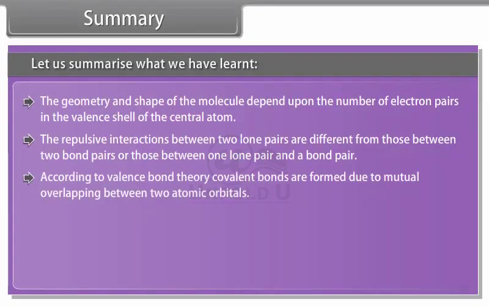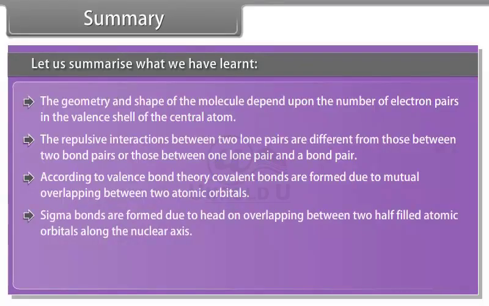According to valence bond theory, covalent bonds are formed due to mutual overlapping between two atomic orbitals. Sigma bonds are formed due to head-on overlapping between two half-filled atomic orbitals along the nuclear axis.